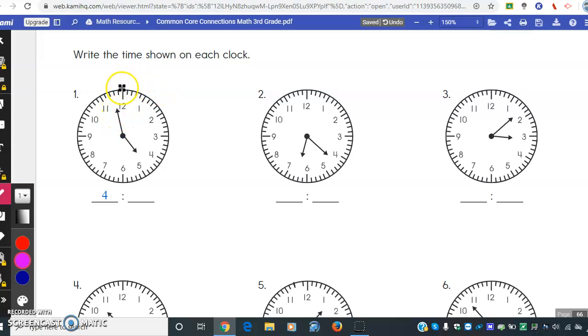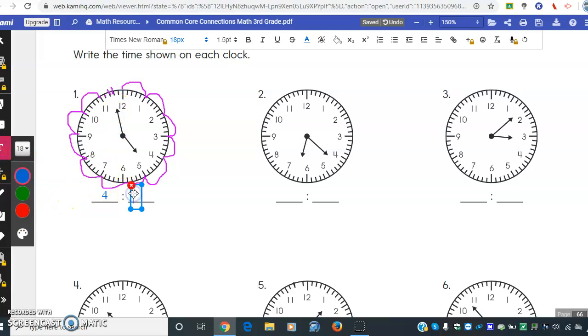So I'm going to be counting by 5s starting here. 5, 10, 15, 20, 25, 30, 35, 40, 45, 50, 55, and now I need to count tick marks. 56, 57, 58. And that's where that hand is pointing. It's pointing at the 58th tick mark. So we're going to say it's 4:58.